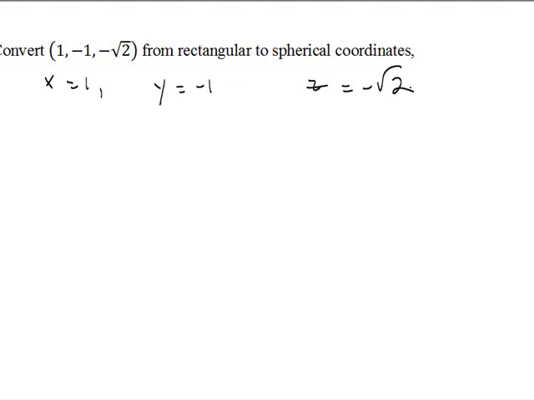Let's find rho first. Rho is the square root of 1 plus 1 plus 2, which is equal to 2.